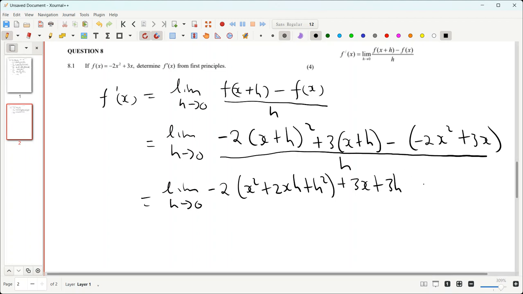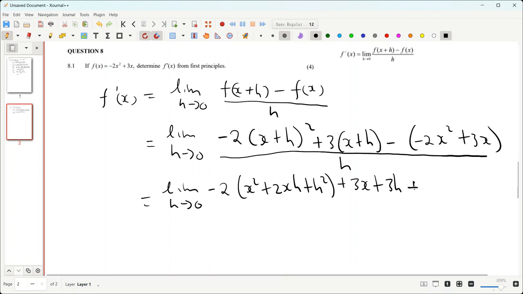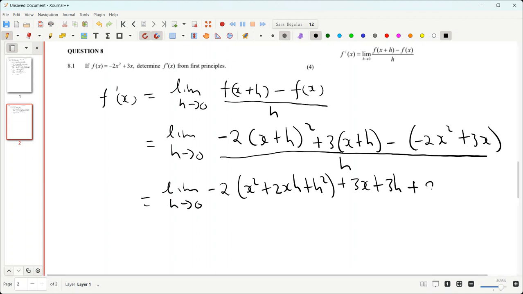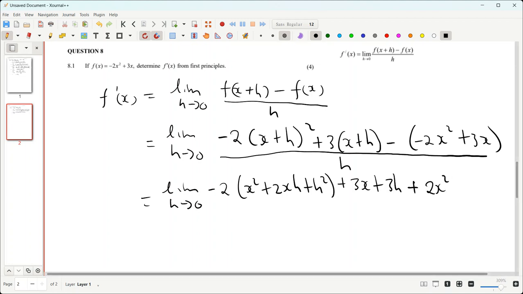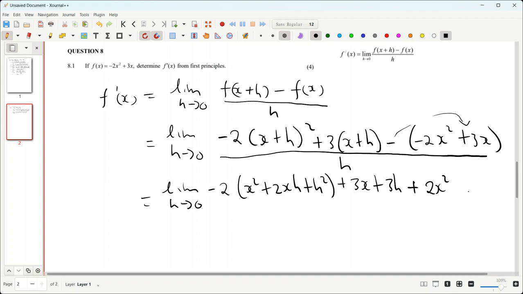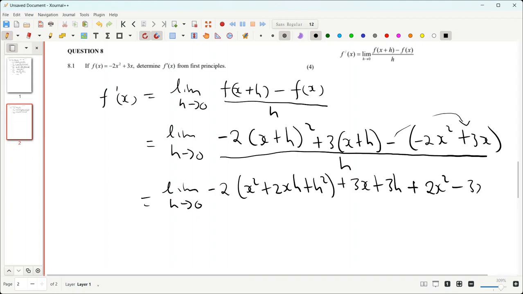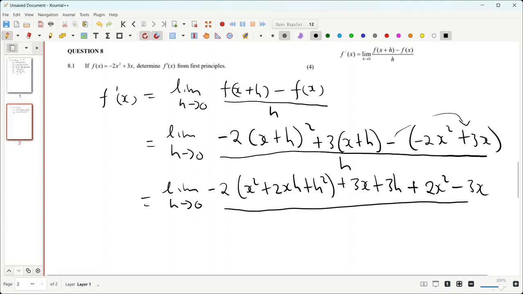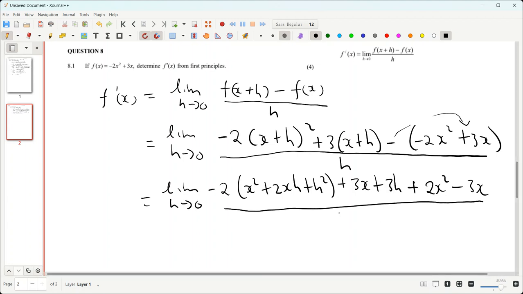So this negative here can also multiply here. In this case, we'll have plus, because it's minus and a minus, so it's plus 2x squared. And then the negative also has to multiply here, so you'll have minus 3x. And then again, we divide by h.